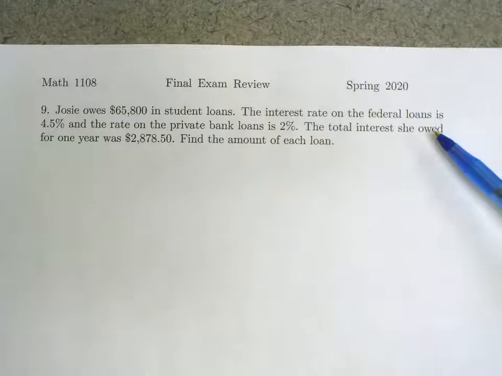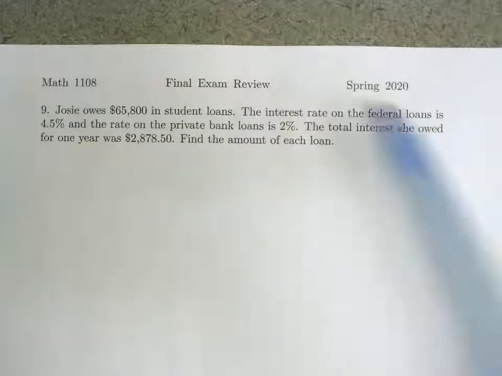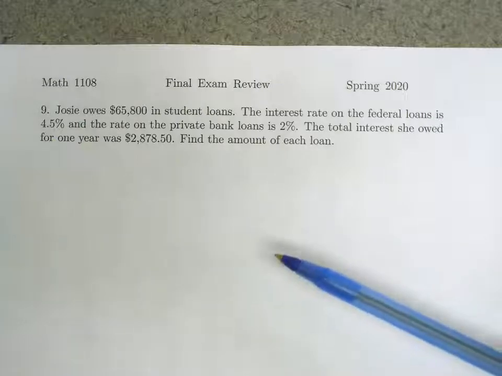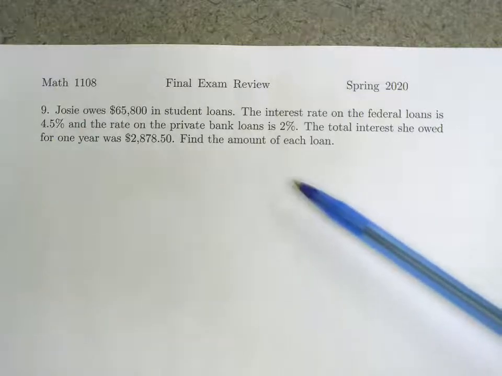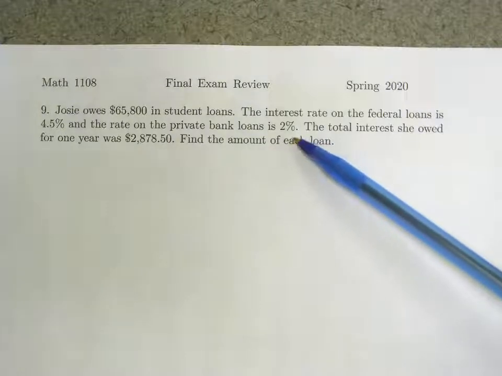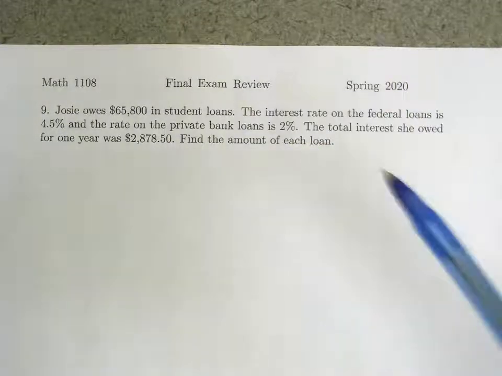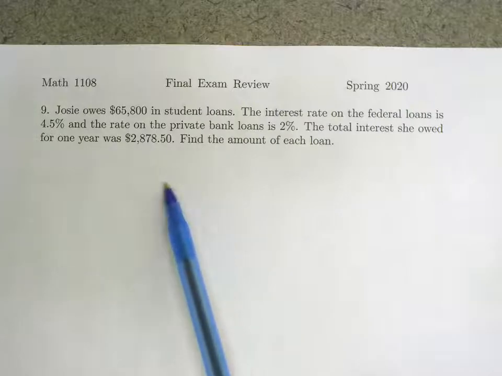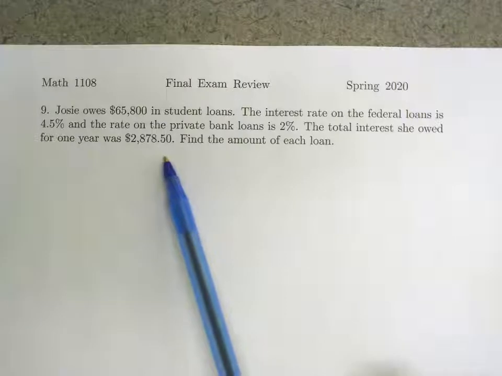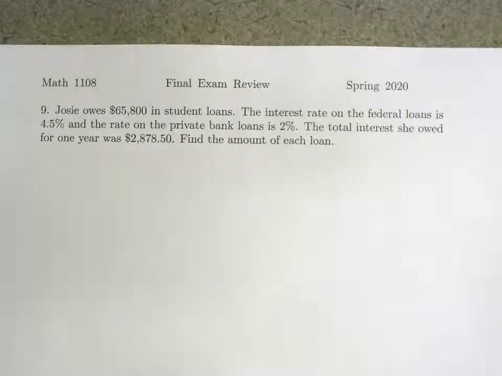One of the loans was a federal loan with an annual interest rate of 4.5%, and the other loan was from a private bank, which has an annual interest rate of 2%. And then after 1 year, the total amount of interest earned was $2,878.50. So find the amount of each loan.